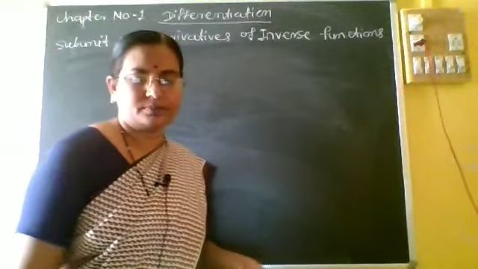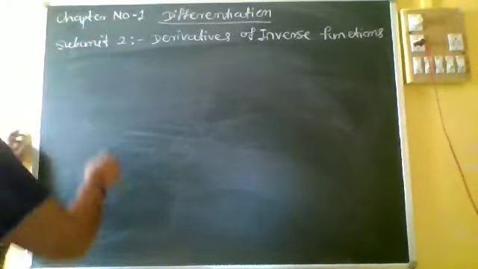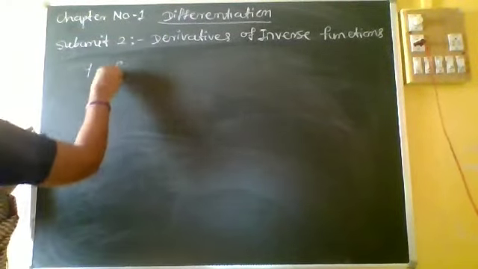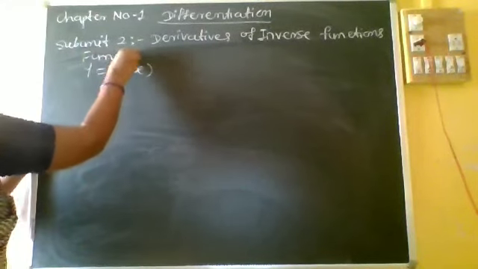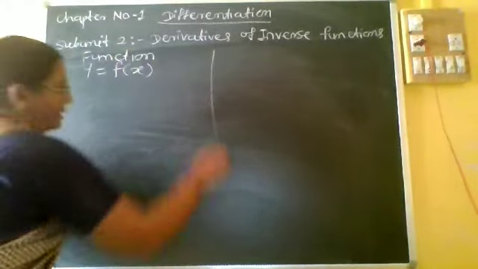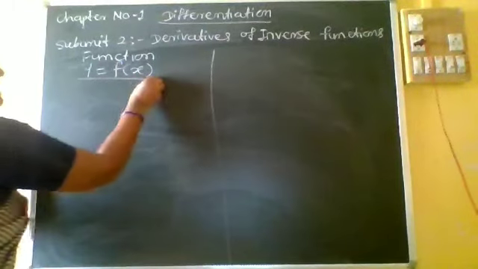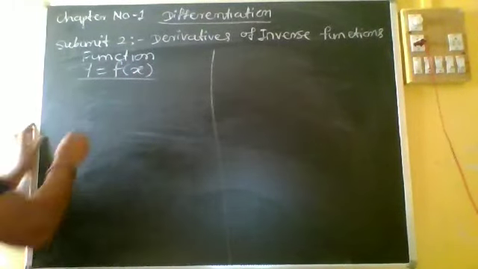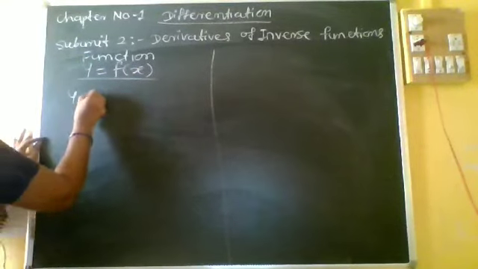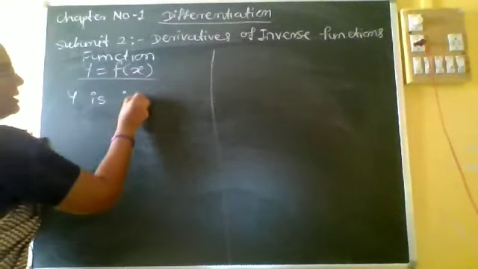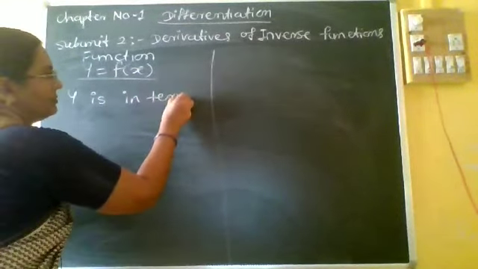Let us take now, suppose y is equal to f of x, it is one kind of function. This function is written in terms of x, y is written in terms of x.